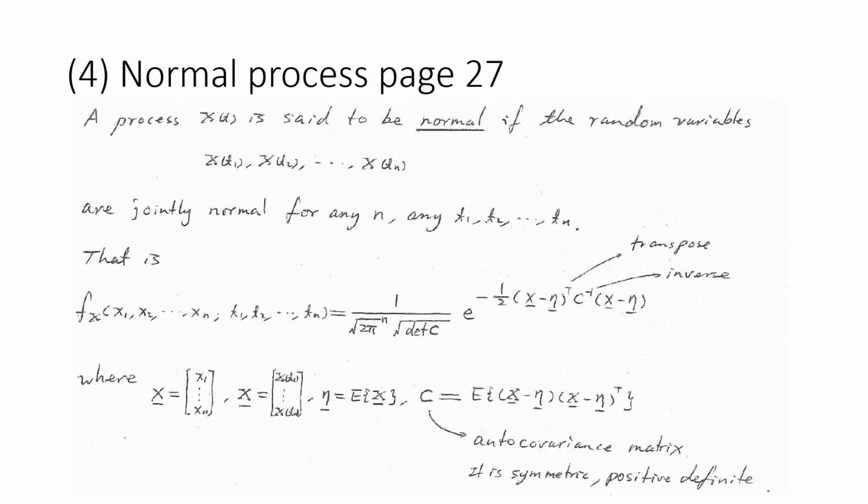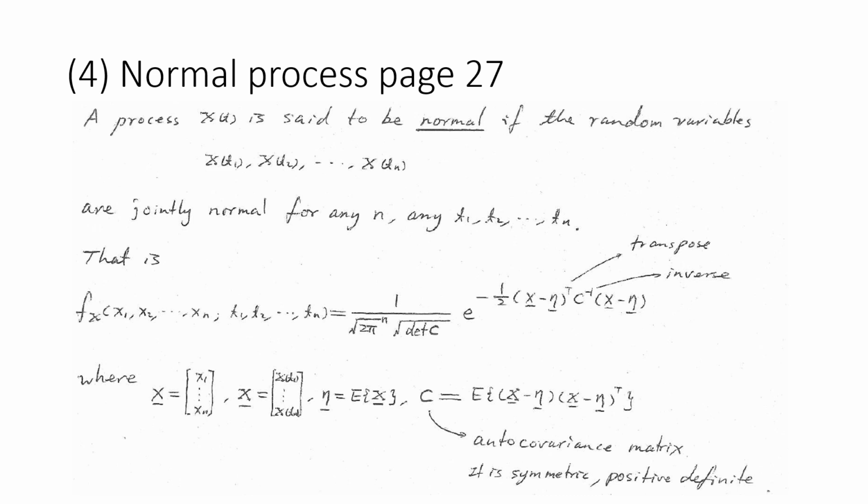The fourth is a normal process. A process is said to be normal if the random variables X(t1), X(t2), ..., X(tn) are jointly normal for any n and t_i, and let f(x) equals 1 over the square root of 2 pi to the power of n times the square root of the determinant of C, times e to the power of negative 1 over 2 times the transpose of (x minus eta) times the inverse of C times (x minus eta).